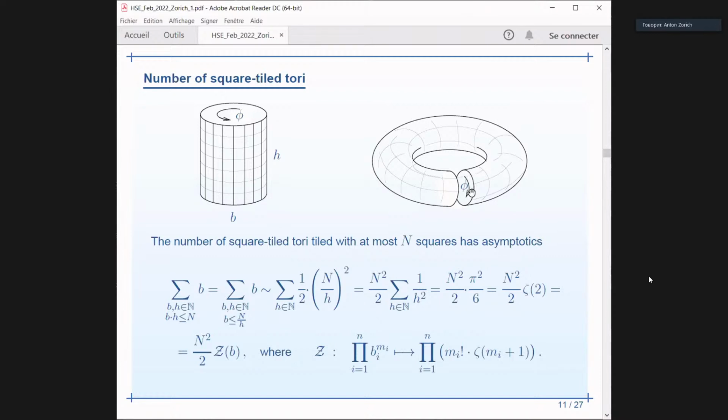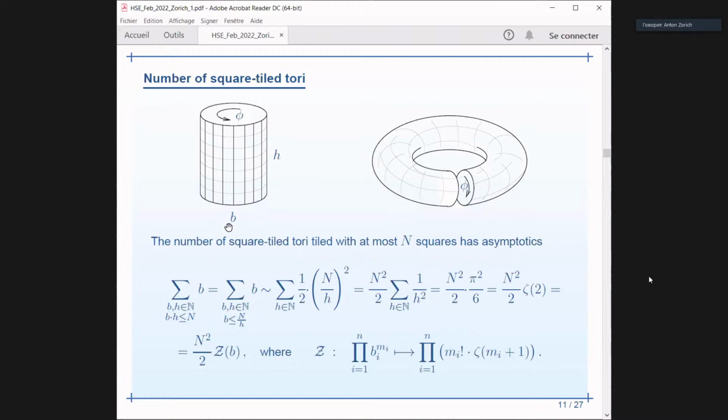I do not consider more than b minus 1, because otherwise I can apply a bend twist, so I can apply a diffeomorphism, and reduce to the situation when the twist parameter is located between 0 and b. So that means that to compute square-tiled tori, I have to take the following sum.